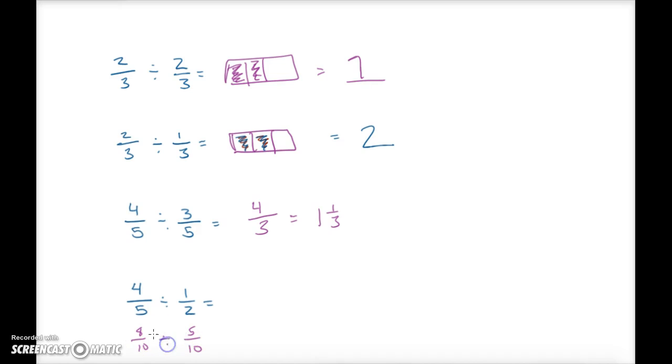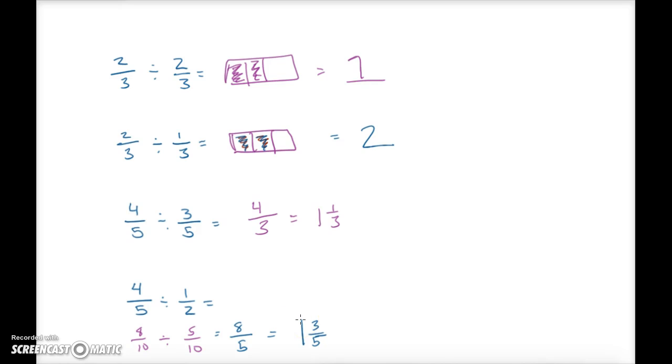Dividing these two, I would say 8 divided by 5, which gives me 8/5, and then I would turn that into a mixed number, 1 and 3/5. So that's an option that I have as well.